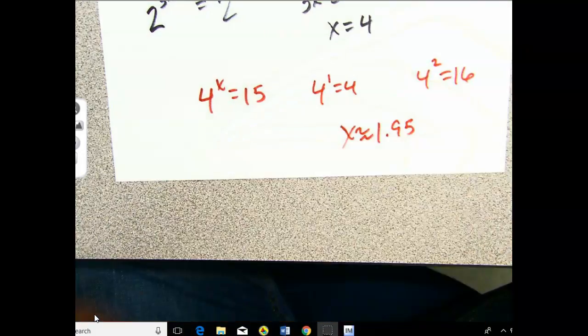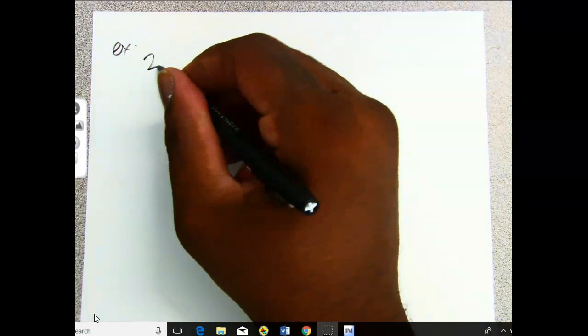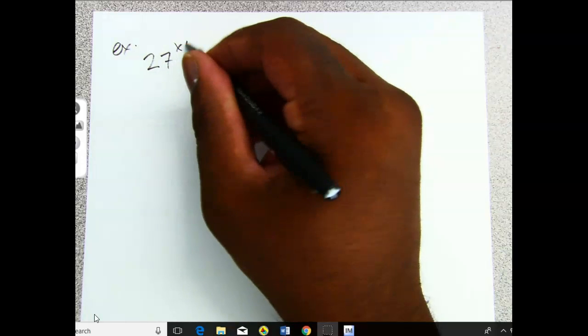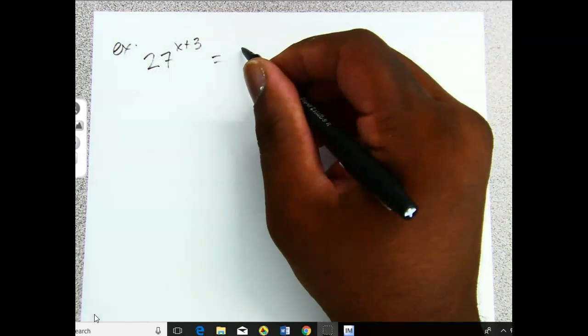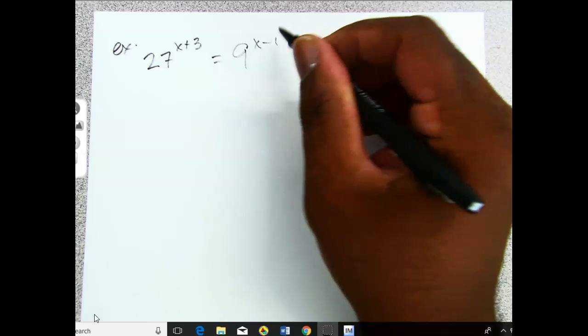All right, so on the last example, we only had to change one side. Take a look at this example. So we have 27 to the x plus 3, and that's equal to 9 to the x minus 1.